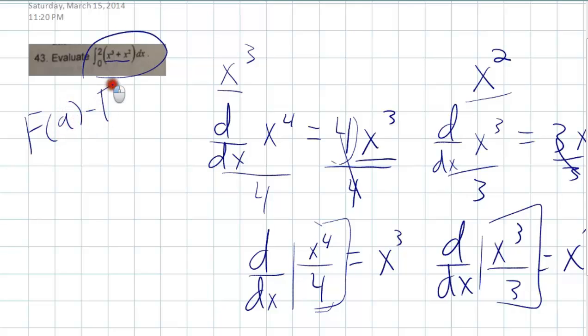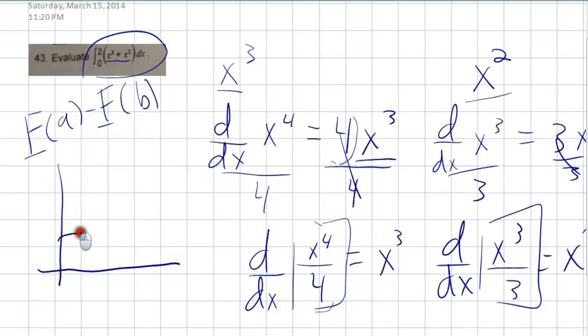So what does this mean? Big F in the second fundamental theorem of calculus denotes the antiderivative, which is what we found. And the a and b are talking about an interval.